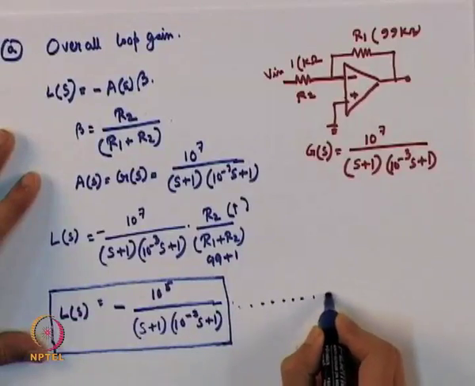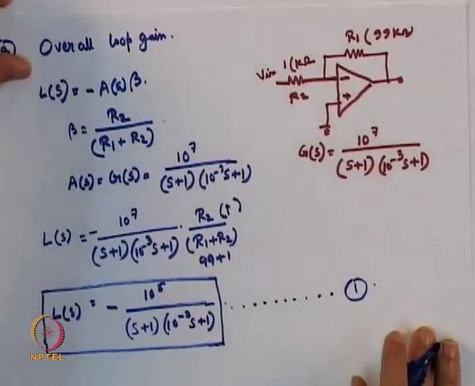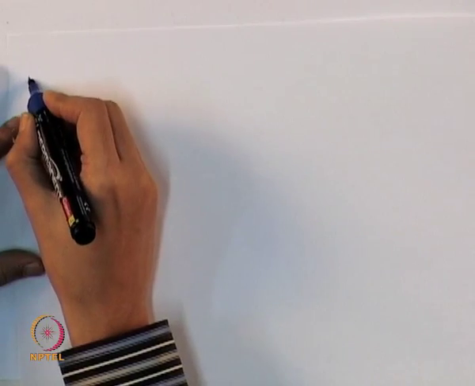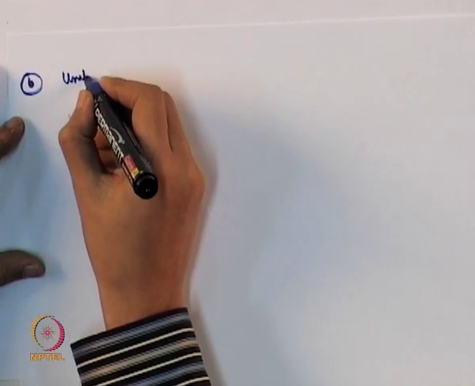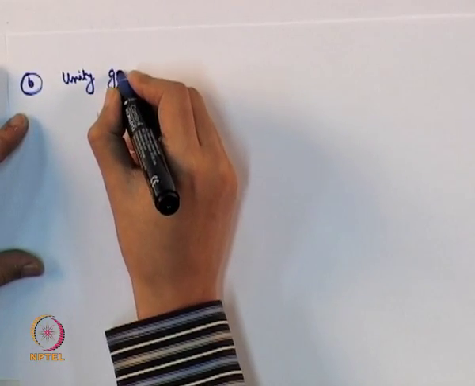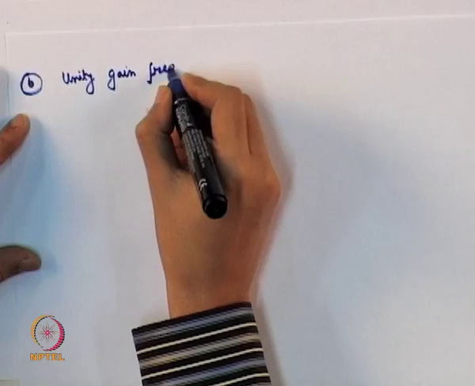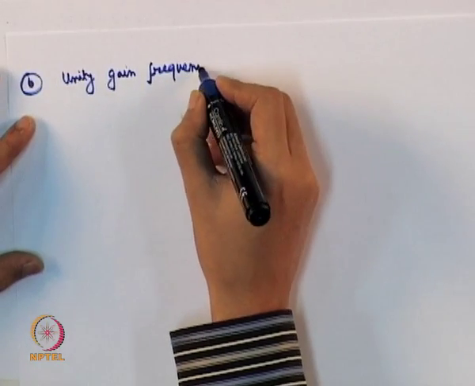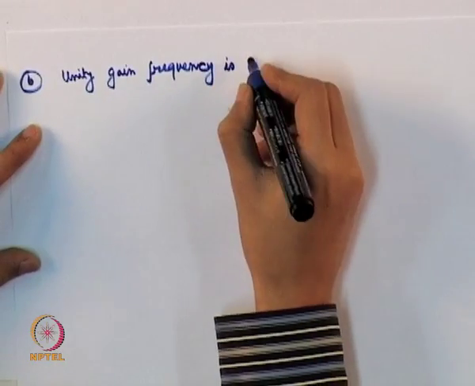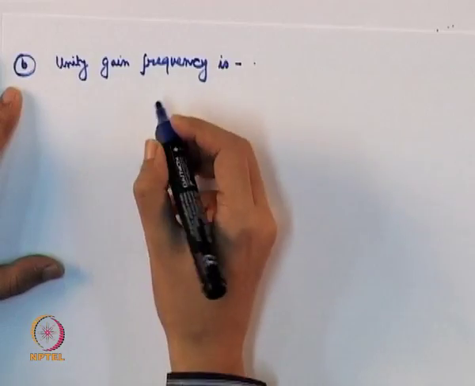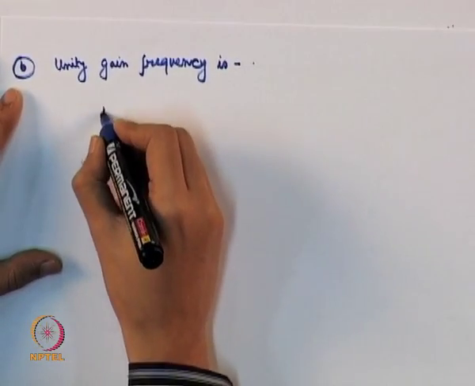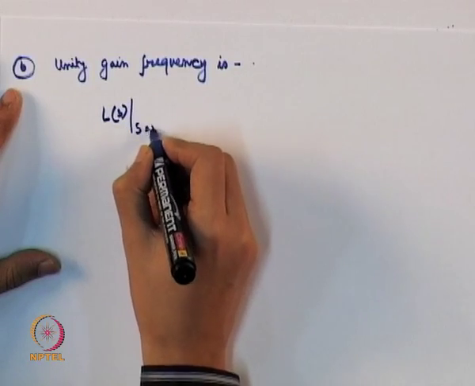Now, find the unity gain frequency. To calculate the unity gain frequency, we will start with this relation, the loop gain. So, this is the solution of part B. Unity gain frequency: we will calculate Ls, putting S equal to j omega.